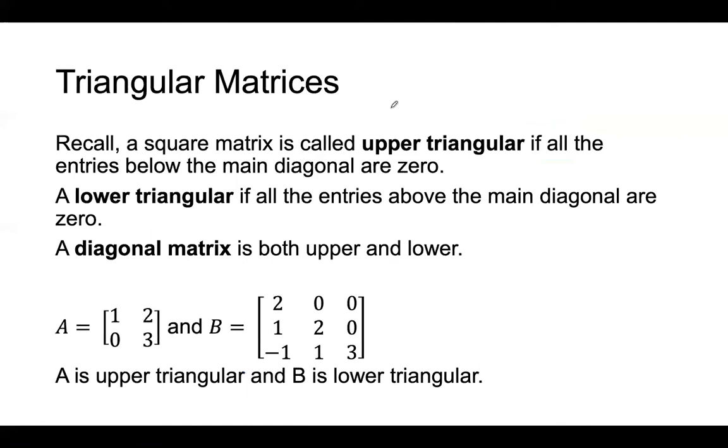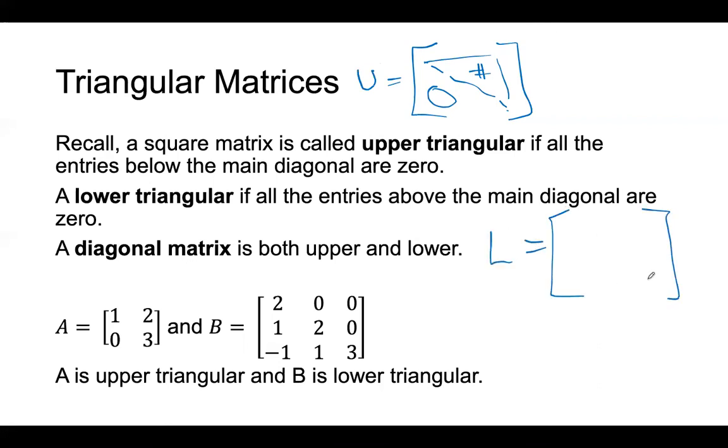Now recall that a square matrix is upper triangular if all the entries below the diagonal are 0. So this is an upper triangular matrix. A lower triangular matrix is of this form, which I mentioned before.